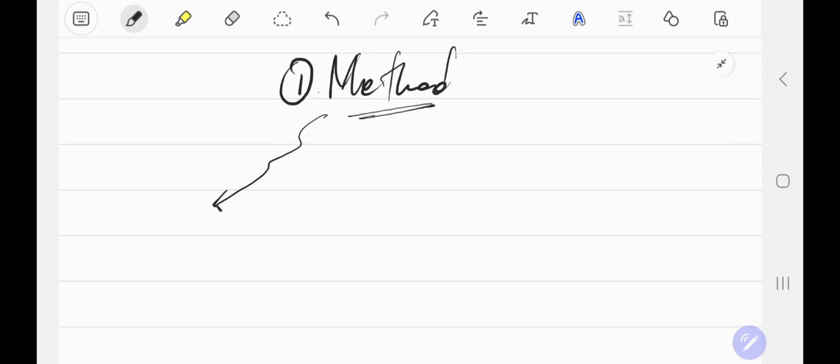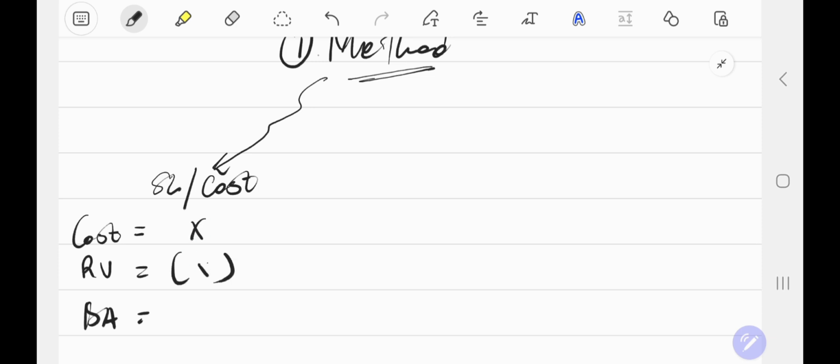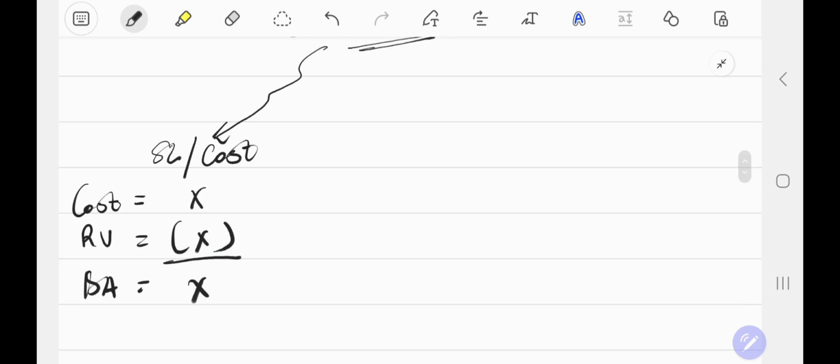If they say we use the straight line method or the cost method, it means that when you calculate depreciation, you'll start with the cost, and then follow with the residual value, to get the depreciable amount.